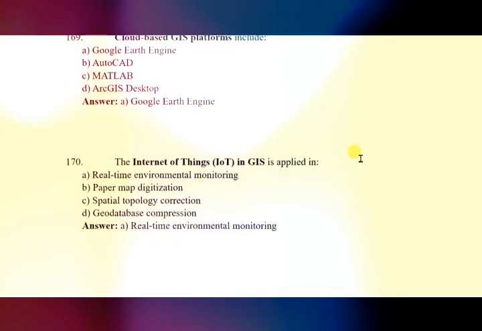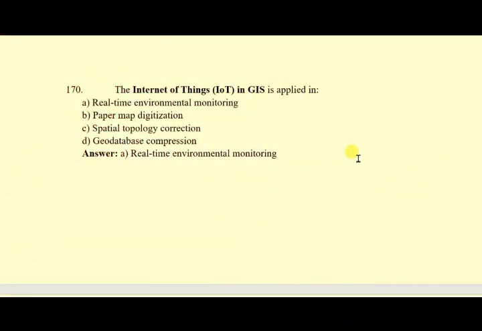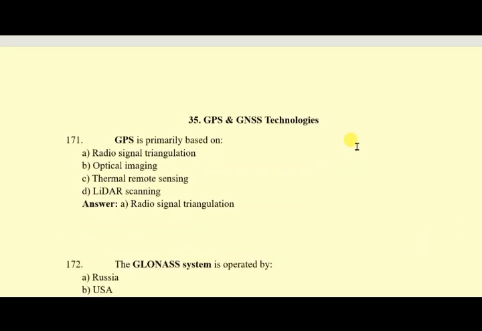Here the right answer will be Google Earth Engine. Question 170. The Internet of Things (IoT) in GIS is applied in real-time environmental monitoring, paper map digitization, spatial topology correction, geodatabase compression. Here the right answer will be real-time environmental monitoring.